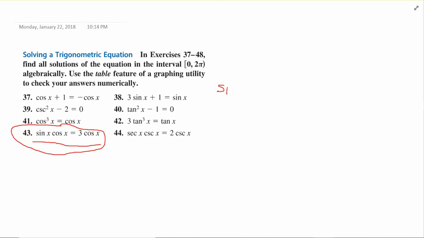So if I have the sine of x cosine of x equals 3 cosine x, the first thing I'm going to want to do is subtract 3 cosine x so that it's on the other side. So I'm going to get sine of x cosine of x minus 3 cosine of x.